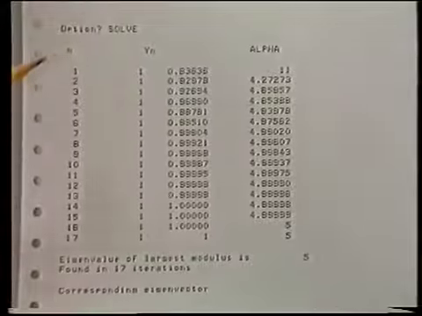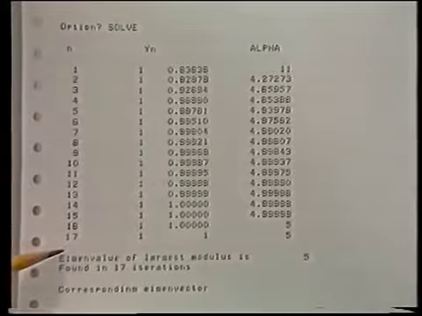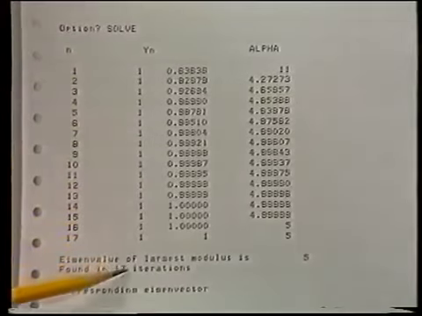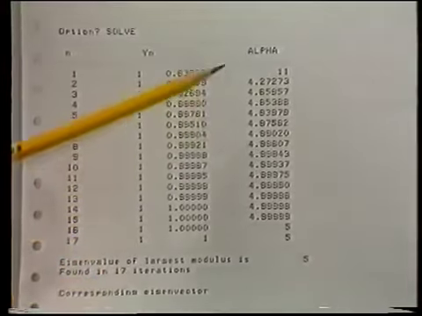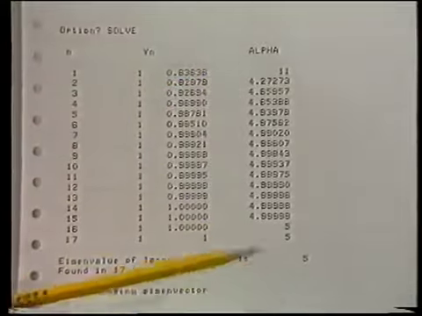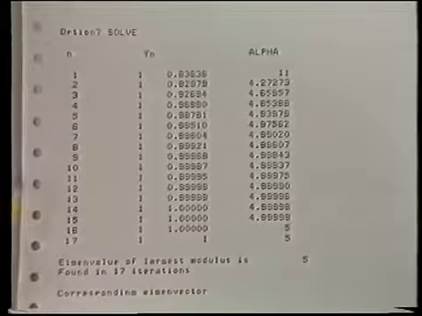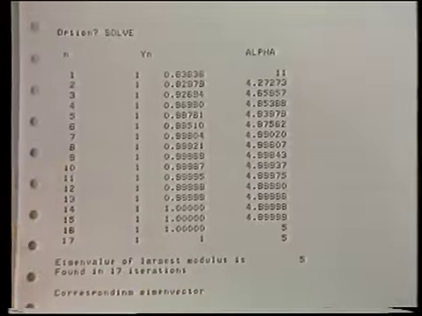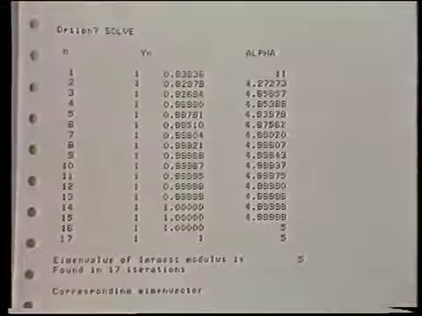And then we do this again for 17 steps. And you can see this vector tends towards what we know is the dominant eigenvector, and this scale factor tends towards the eigenvalue. So, our computer package produces the dominant eigenvector and the eigenvalue using only numerical methods.